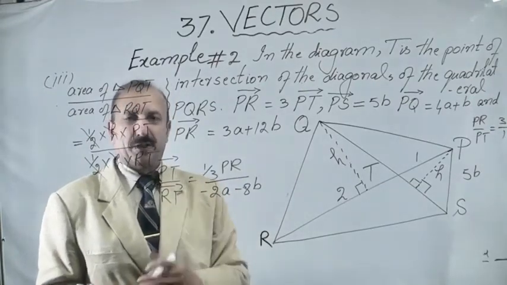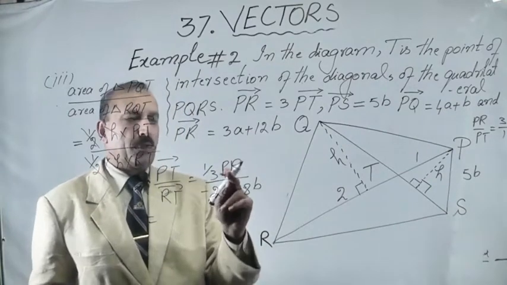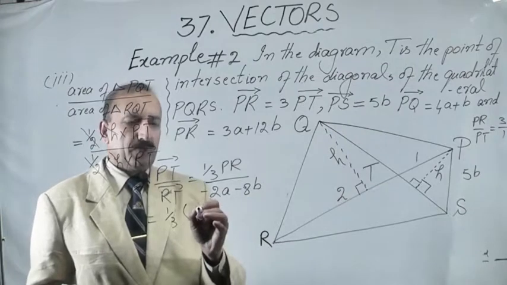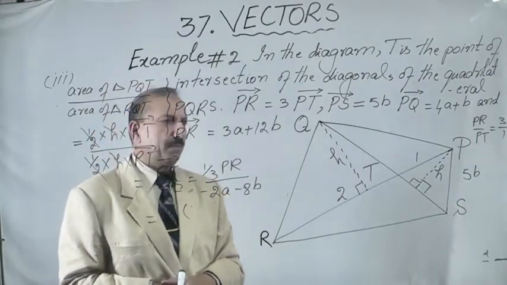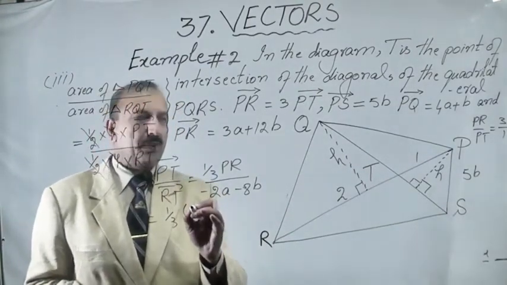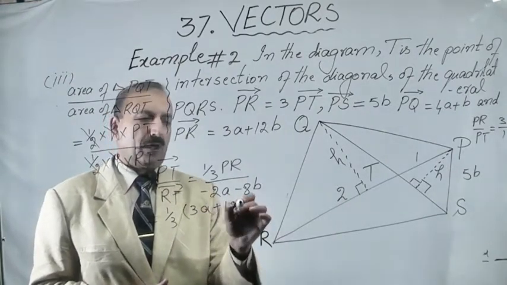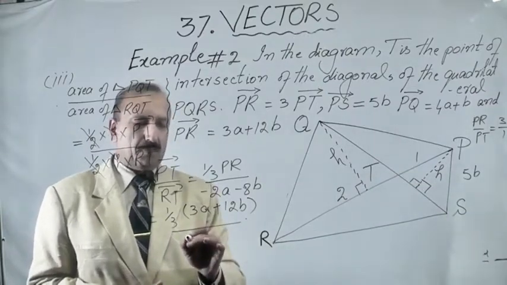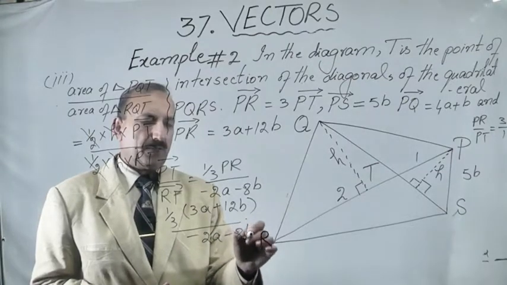Now let's substitute the value of PR here, and this is 1 by 3 into 3A plus 12B, whole divided by minus 2A minus 8B. Are the directions of PR and PT the same? Yes, it's the same.